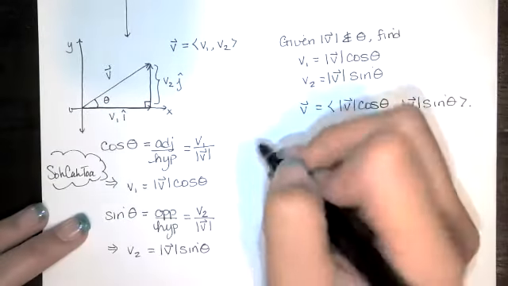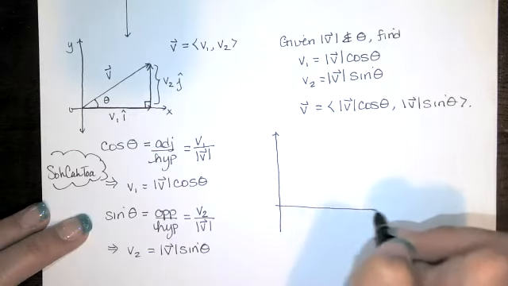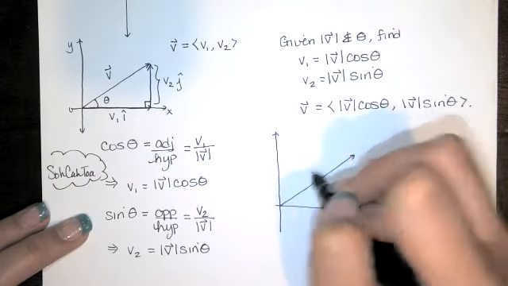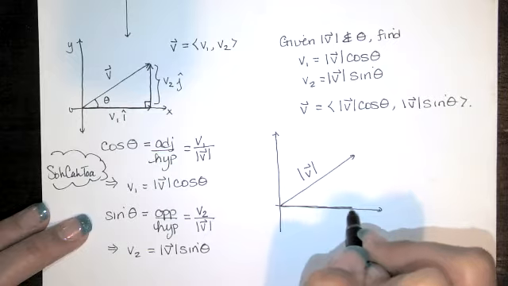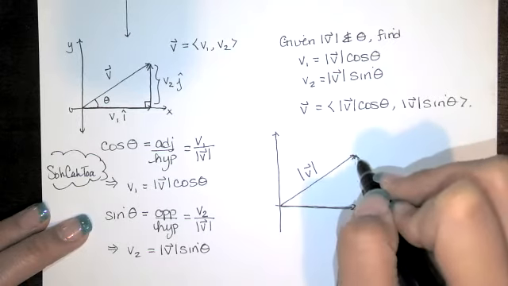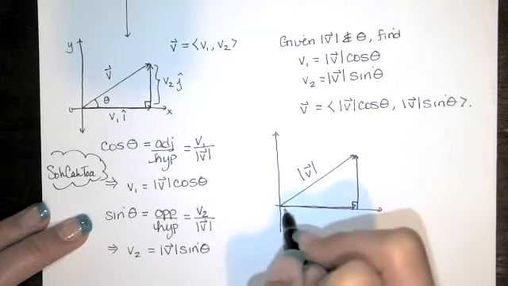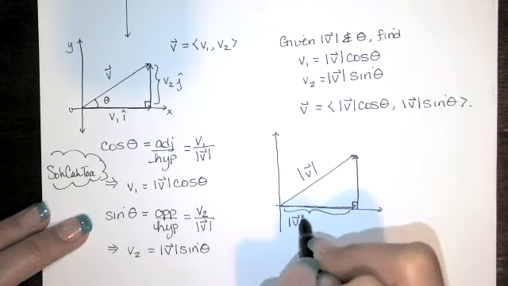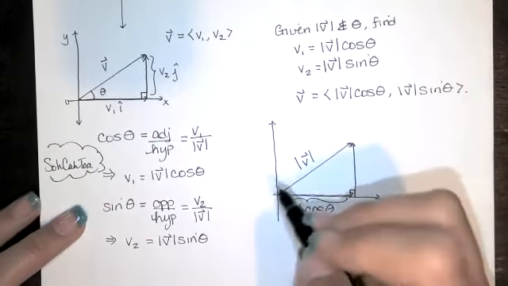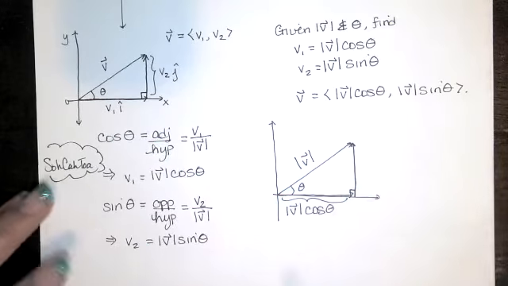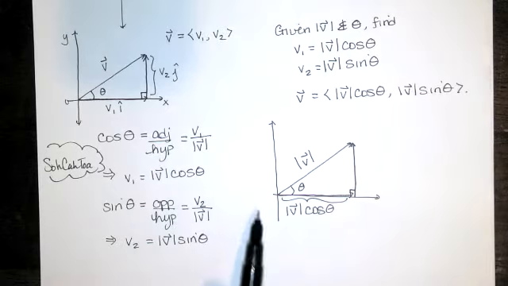So I've got this picture, but I could also have drawn this picture. Here's V. This side has length magnitude of V times cosine of theta. And that's assuming that theta is an acute angle. If it was obtuse, that would still work.